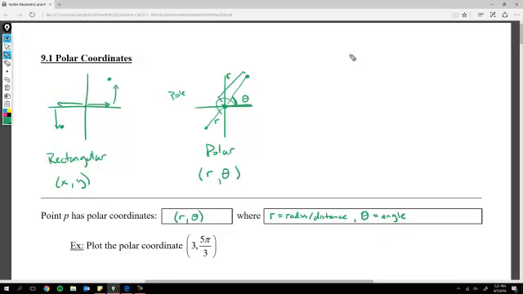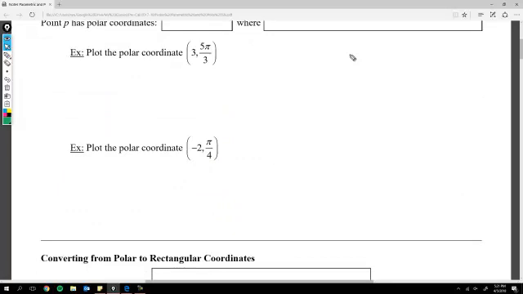All right, so we got to go way back to the beginning of the semester when we first talked about graphing angles. We're going to practice plotting these polar coordinates. Okay, so remember, my first number is r, which is my distance. My second number is theta, which is my angle. And it's kind of obvious here because we're in radians. So here, first of all, I need to figure out just where my angle is.